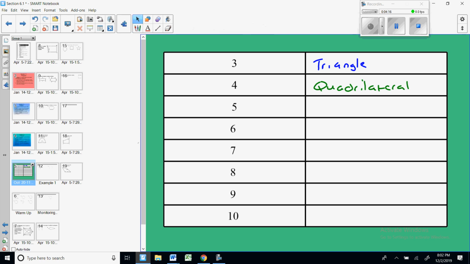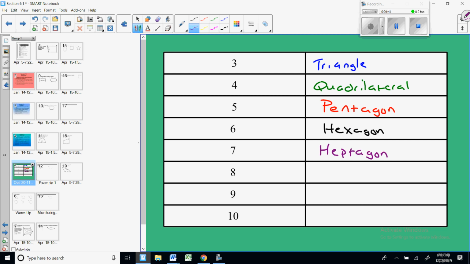What about a 5-sided figure? Okay, the biggest one you all saw when you went to Washington, D.C., a pentagon. What about a 6-sided figure? Okay, a 6-sided figure is a hexagon. What about a 7-sided figure? Okay, heptagon.